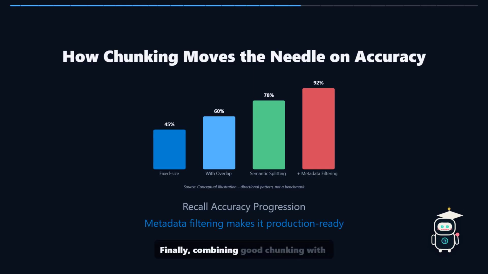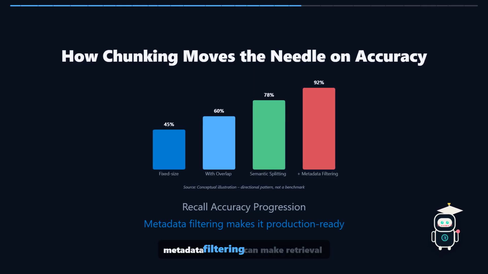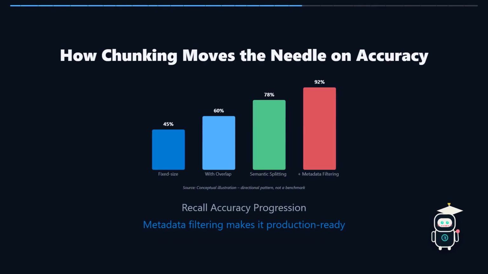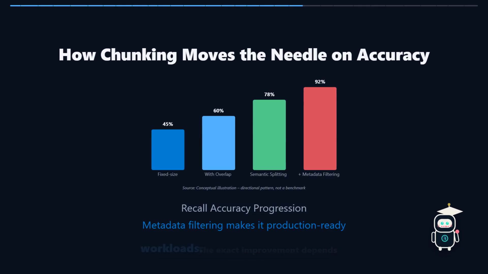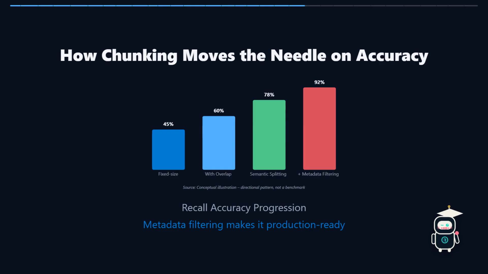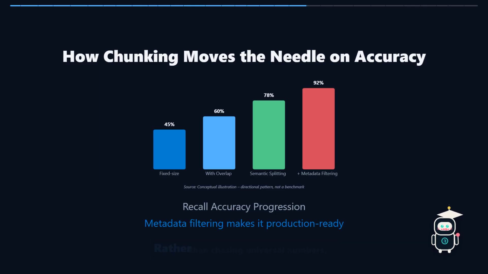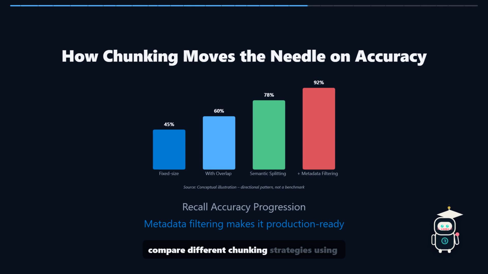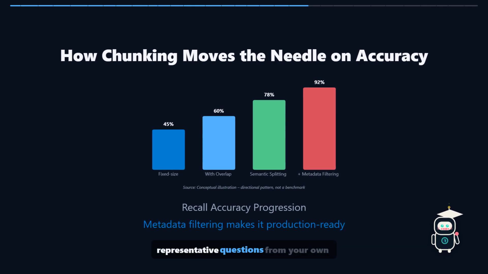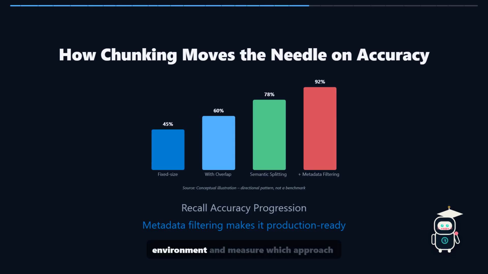Finally, combining good chunking with metadata filtering can make retrieval reliable enough for many production workloads. The exact improvement depends entirely on your documents, queries, evaluation dataset, and retrieval pipeline. Rather than chasing universal numbers, compare different chunking strategies using representative questions from your own environment and measure which approach retrieves the most relevant information.